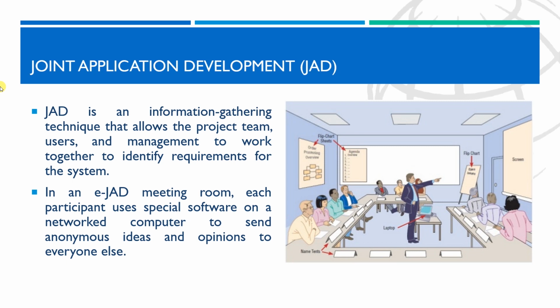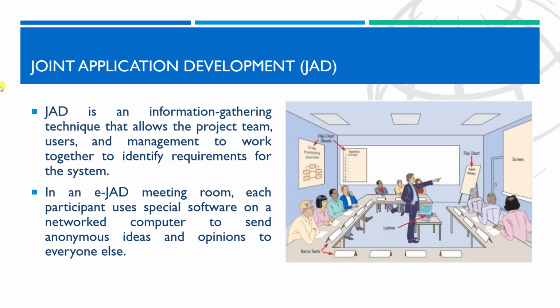He or she doesn't provide ideas or opinions on the topics under discussion, so as to remain neutral during the session. The facilitator must be an expert in both group process techniques and systems analysis and design techniques. One or two scribes assist the facilitator by recording notes, making copies, and so on.